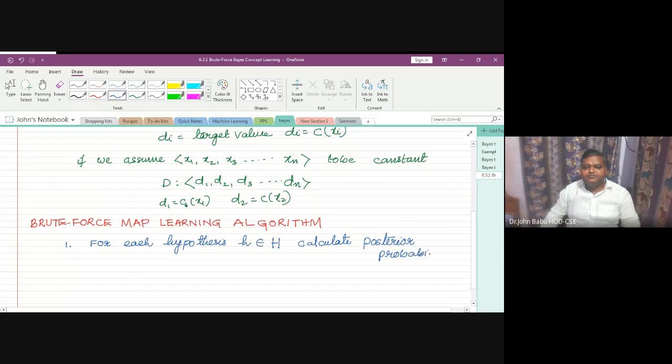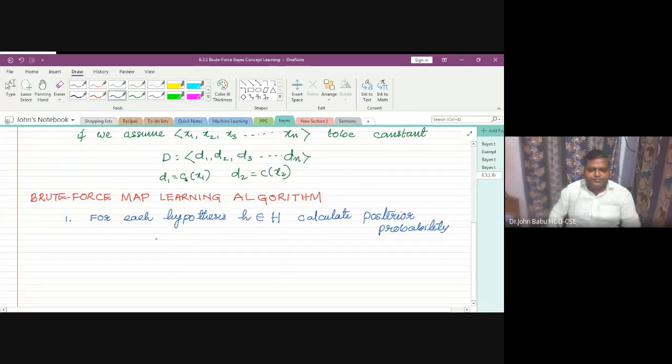What is the posterior probability formula? The probability of the hypothesis given the data is equal to the prior probability of the hypothesis when we don't have any data, times the likelihood, which is the probability of the data given the hypothesis, divided by the probability of the data.